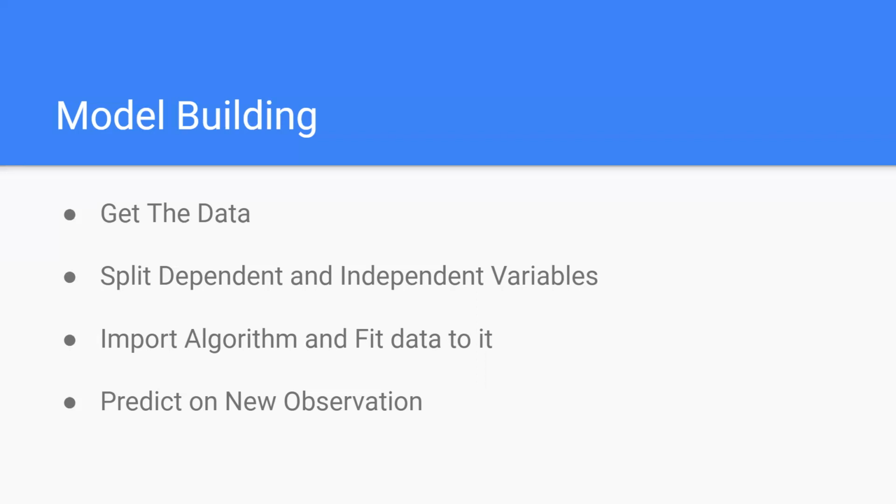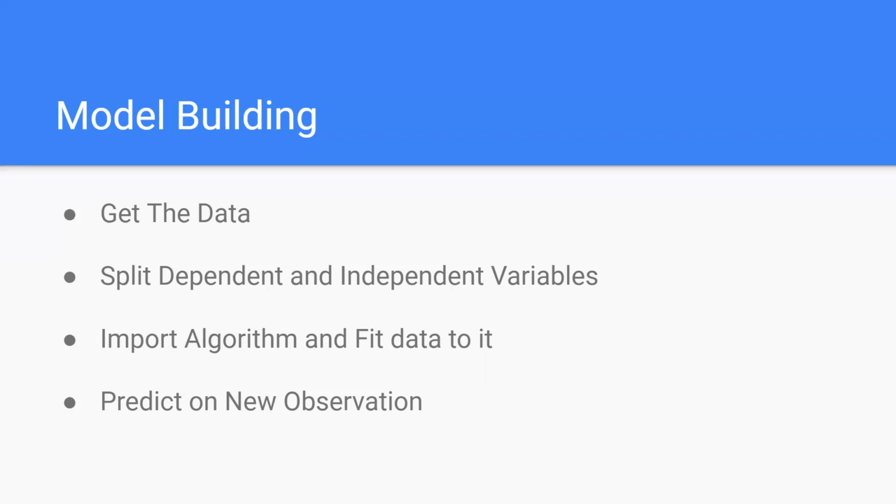We need data to proceed with model building. The second thing is we have to split the dependent and independent variables. For example, if my data has experience and salary, and I need to predict salary given experience, my dependent variable is salary, right? Independent variable is experience. Understood?